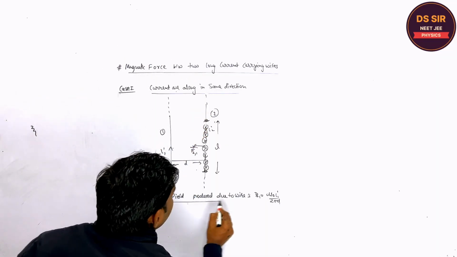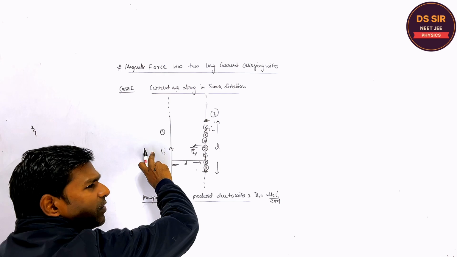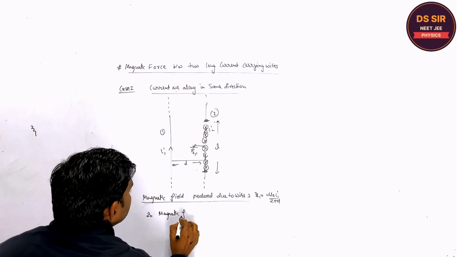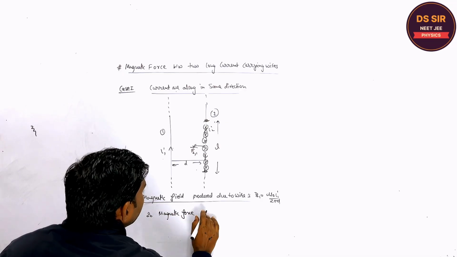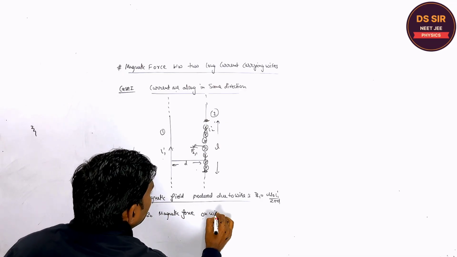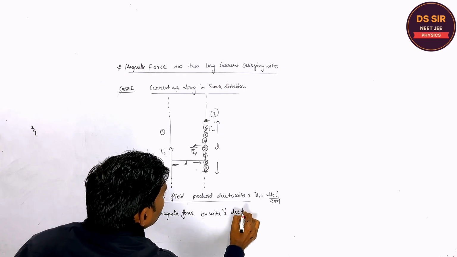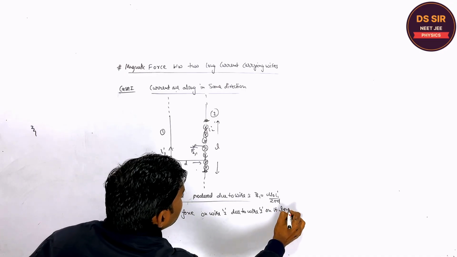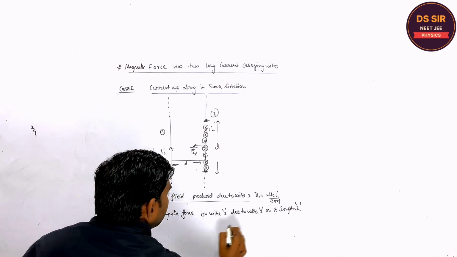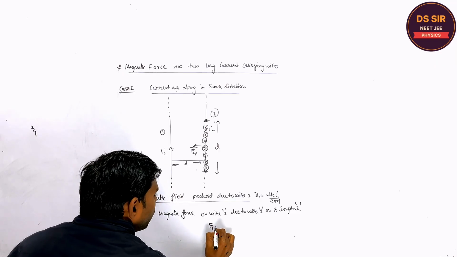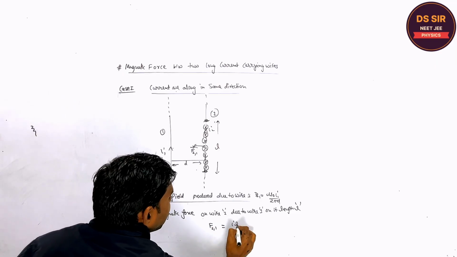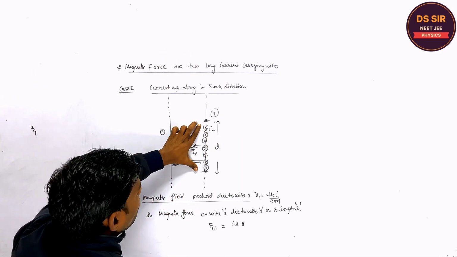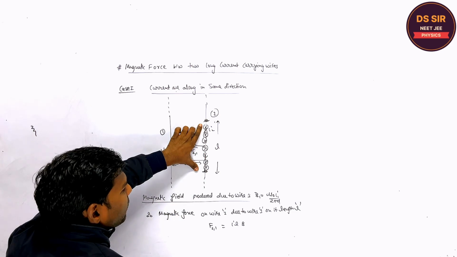Since wire 2 is placed in the magnetic field of wire 1, the magnetic force on wire 2 due to wire 1 on its length L, represented by F2,1, is equal to ILB. I'm assuming its length is L, although it is long, but only on the length L we are finding the force.